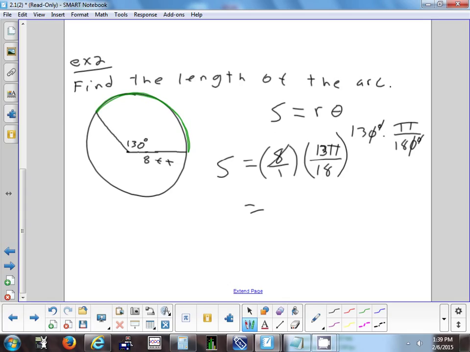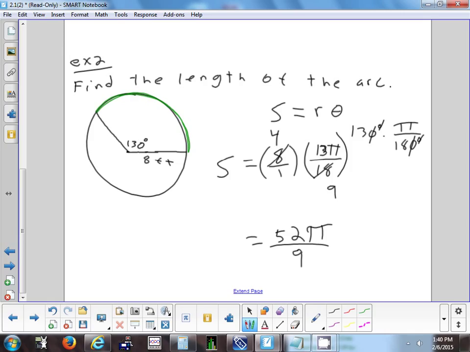Good job. So that becomes 4, that becomes 9. My final answer: 4 times 13 is 52, don't forget the pi, divided by 9. That's it. You don't have to do that out.